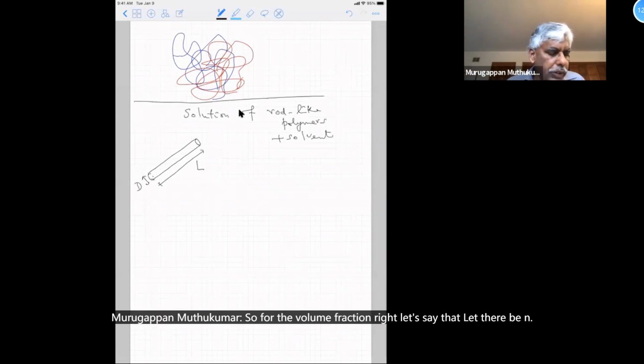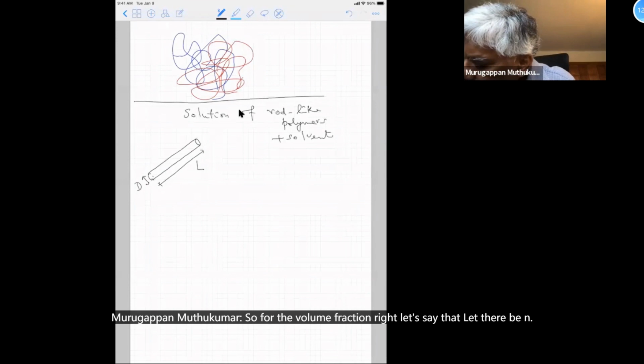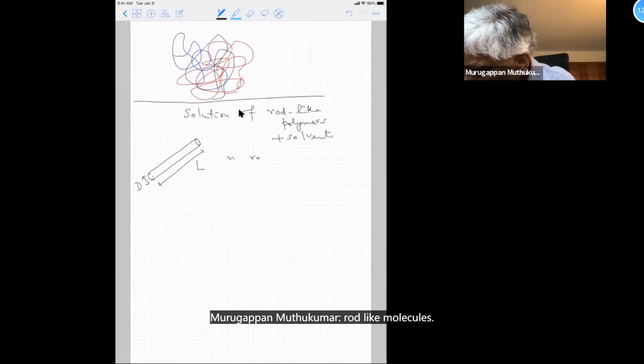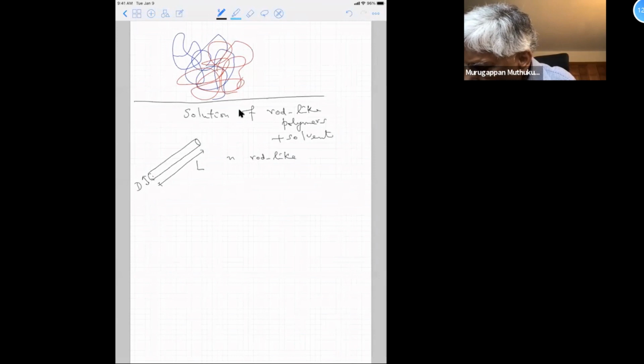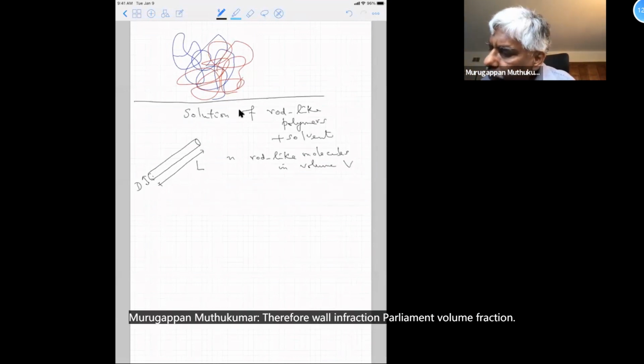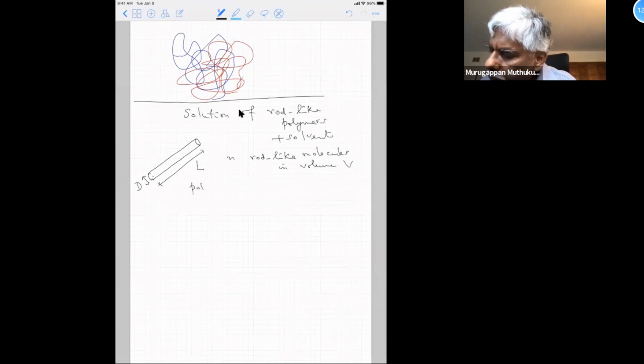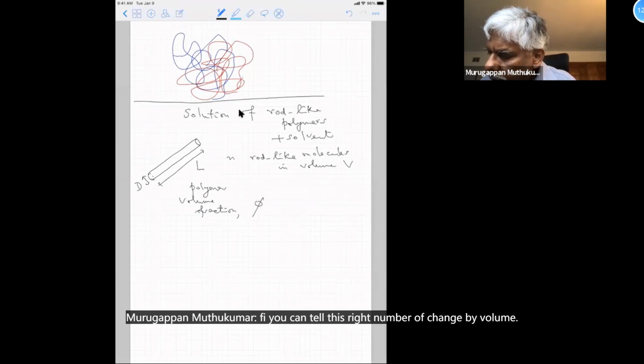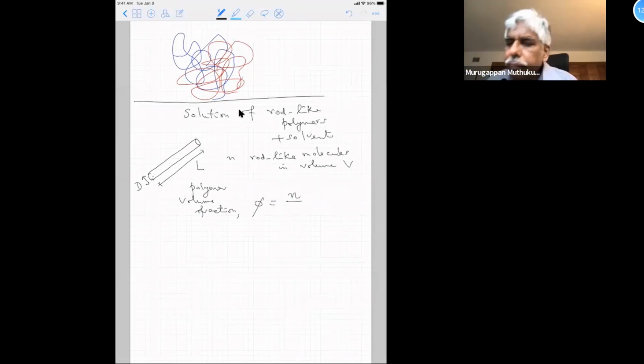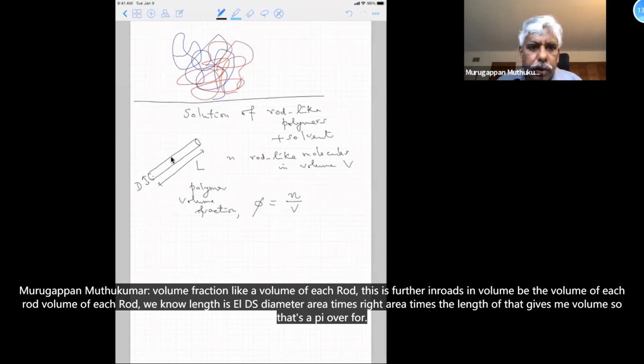So for the volume fraction, let there be N rod-like molecules in volume V. Therefore, the polymer volume fraction phi, you can tell this, is the number of chains per volume, times the volume of each rod.